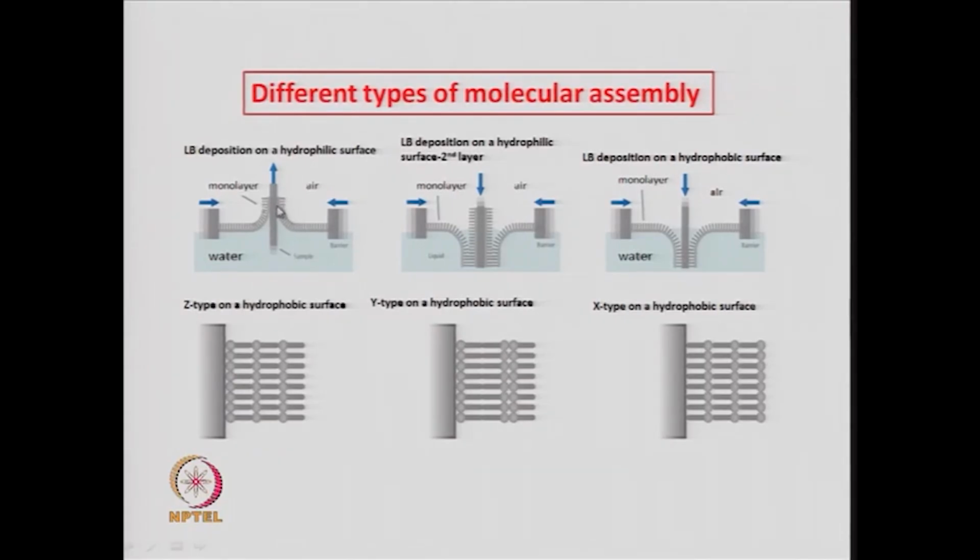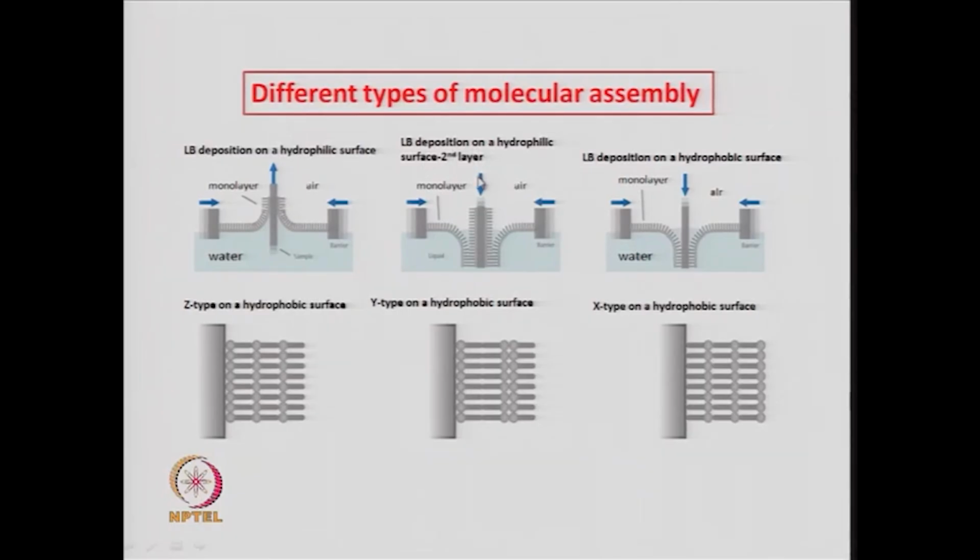Now, instead of pulling it out, you can push it in. So, this is an LB deposition on a hydrophilic surface. Now, you can do LB deposition on a hydrophilic surface for the second layer. The first layer is formed. Now, you want to make the second layer. After the first layer is formed, the substrate has come up. Now, you push it back.